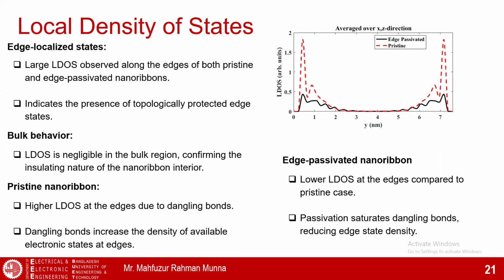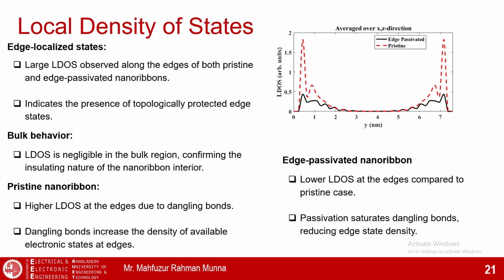We have also described the local density of state for the case of a stanene and pristine zigzag nanoribbon. As you can see, there are high local density of states at the edges of the nanoribbon.